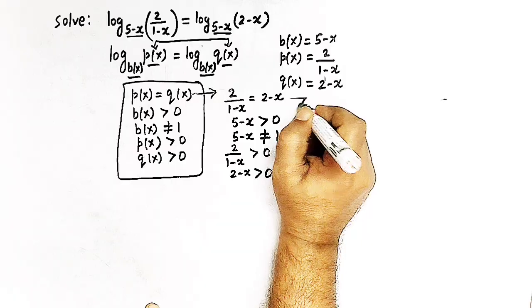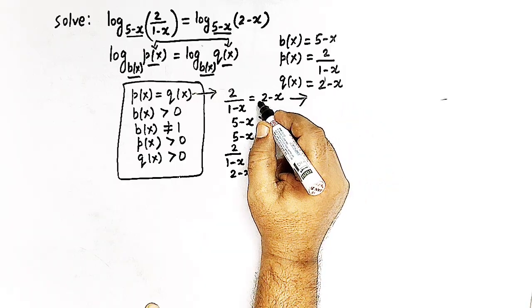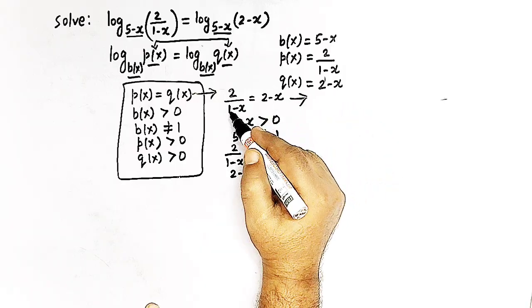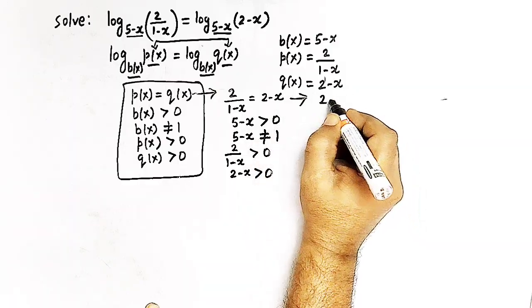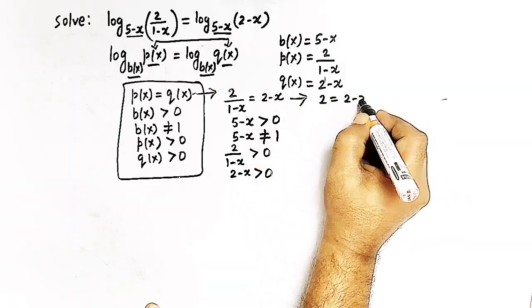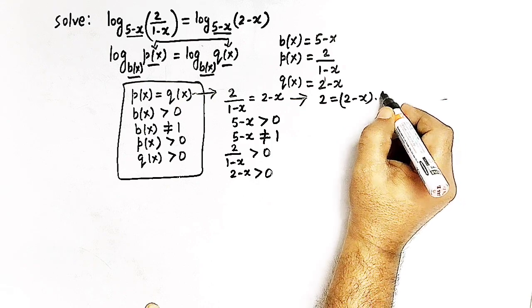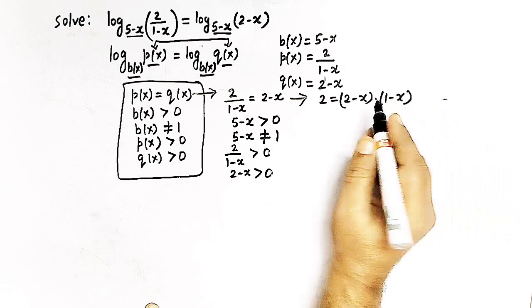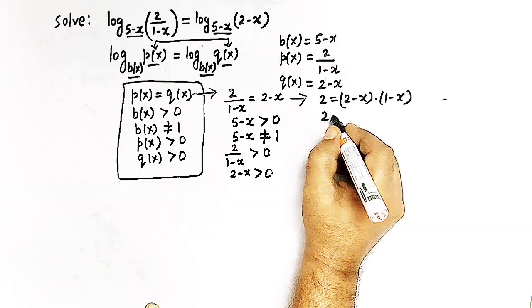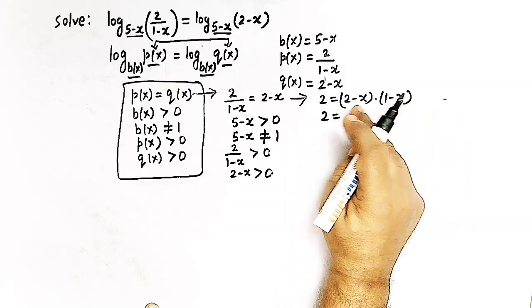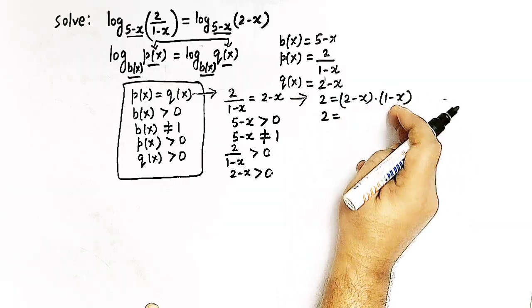So let us start with this equation. So here we have 2 over 1 minus x is equal to 2 minus x. So we can now write here 2 is equal to 2 minus x times 1 minus x. So here we can get a quadratic expression. So we have 2, then we can multiply these two binomials.